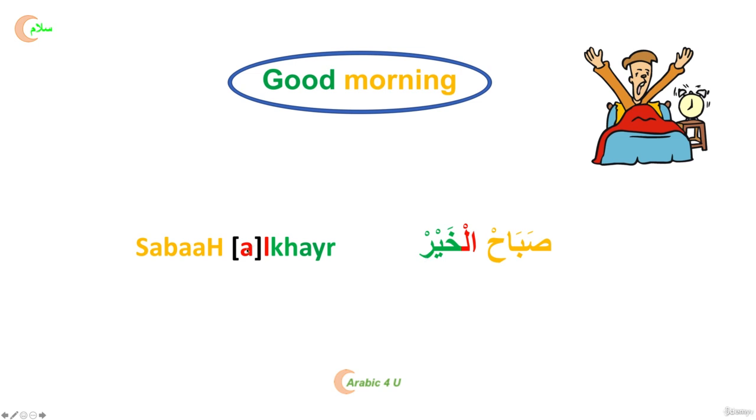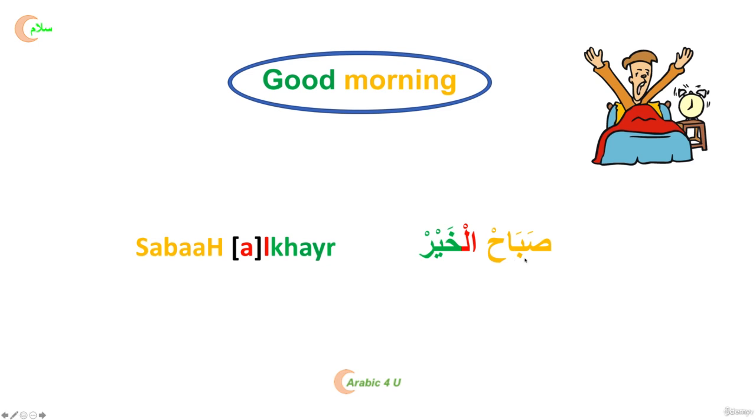There is a sort of an a sound here, but it's not pronounced when the word is in the middle of the sentence. Now we're going to pronounce the l, and the kh is a snoring sound. So al khayr.